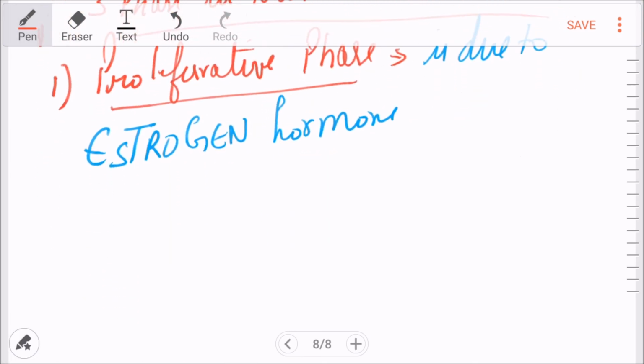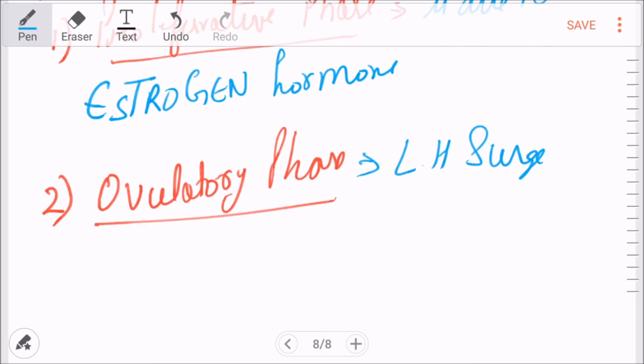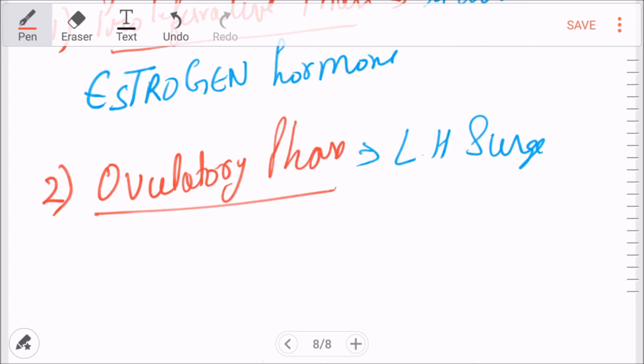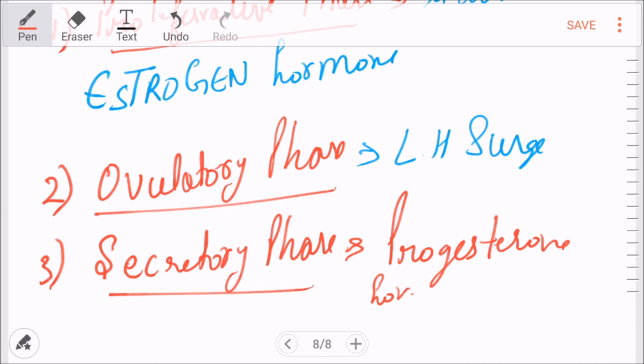The second phase is the ovulatory phase, which is due to the LH surge. And the third phase is the secretory phase, which is due to the progesterone hormone secreted by the corpus luteum.